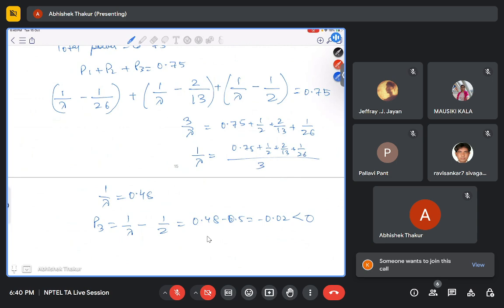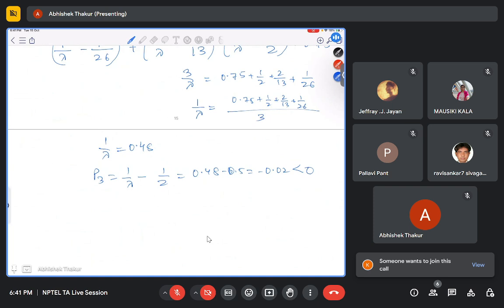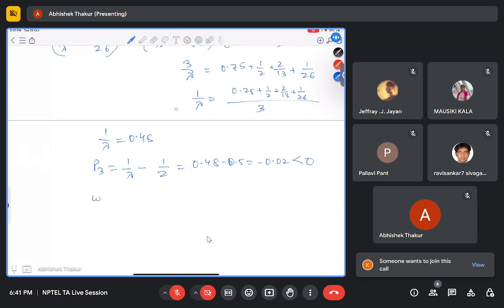Power 3 is coming out negative here, so it is not a possible allocation. In that case, we will take 0 power allocated for mode 3 in the optimal allocation, and we will set n is equal to 2, and 0 power is allocated to mode 3.